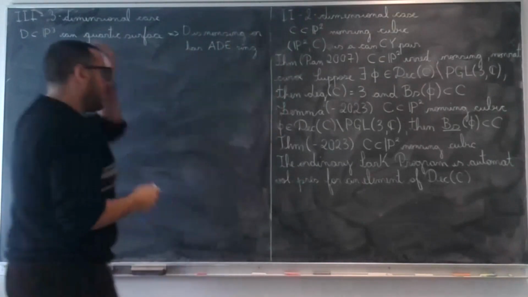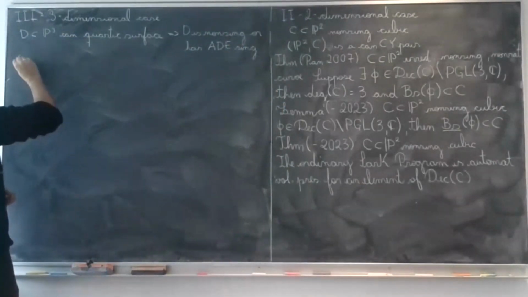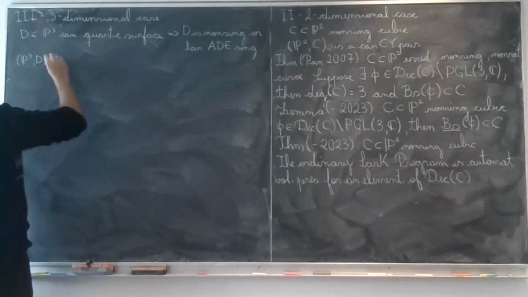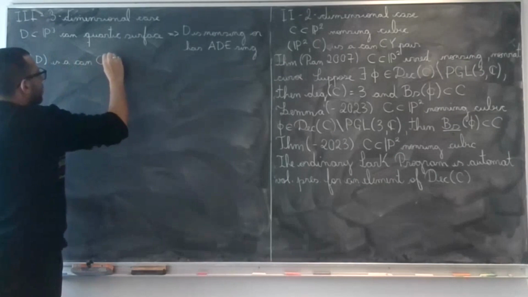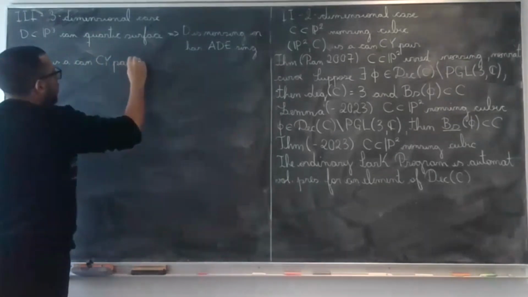And we can show that this pair (P3, D) is a canonical Calabi-Yau.